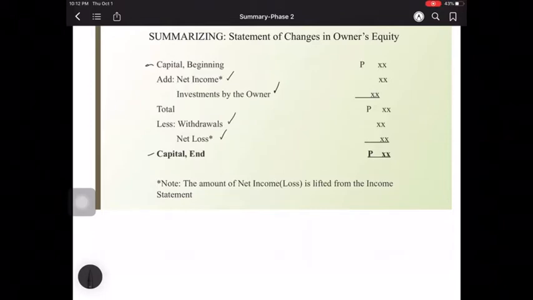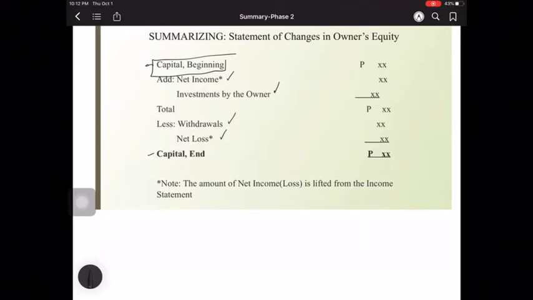So the question now here is, where will we get the amount for your capital beginning? The capital beginning, the amount of which shall be lifted from your unadjusted trial balance. So whatever amount is reflected in the unadjusted trial balance, insofar as the owner's capital account is concerned, would be the same amount that we are going to use for your capital beginning.